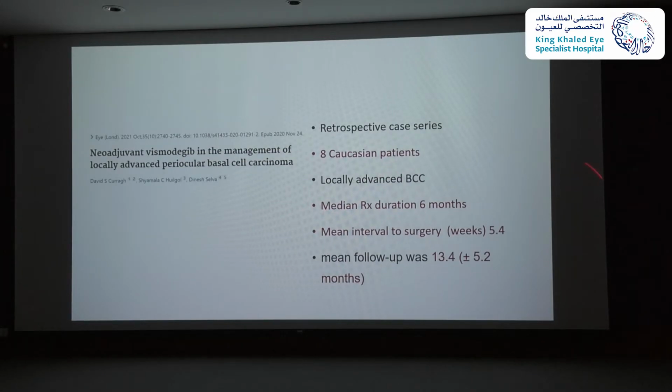Median treatment duration was 6 months again, and the interval to surgery was 5.4 months. The mean follow-up was 13.4 months, plus minus 5.2. Again, treatment usually was given until maximum clinical response or intolerance to medication.